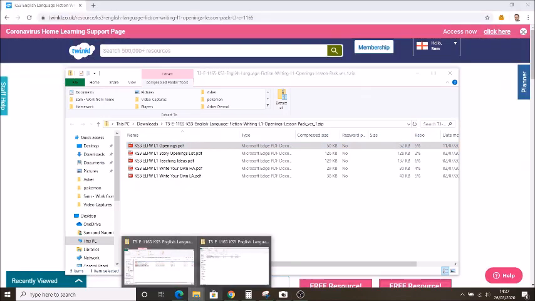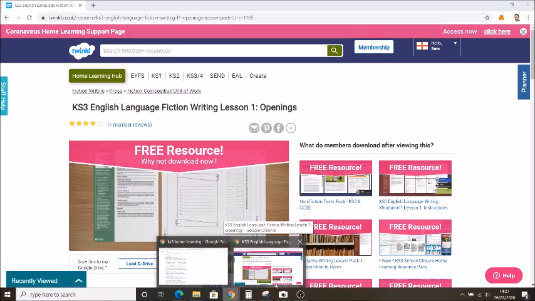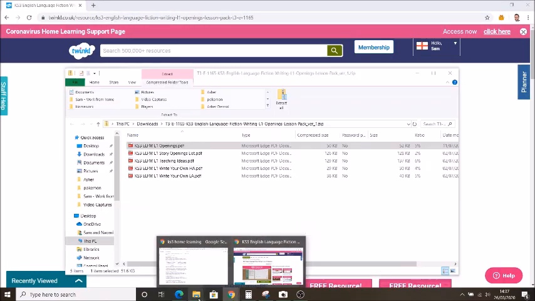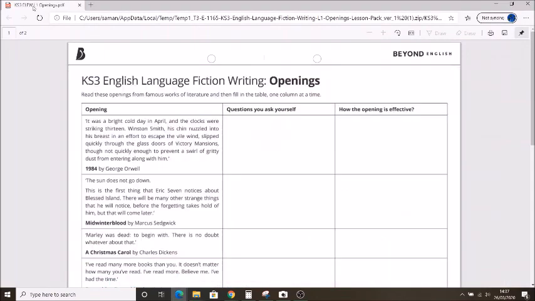Let me just double check. Now where is all my stuff? I had lined up all of my things very nicely. No, okay, here we go. Openings. Yep. So this is what we want. That document entitled openings.